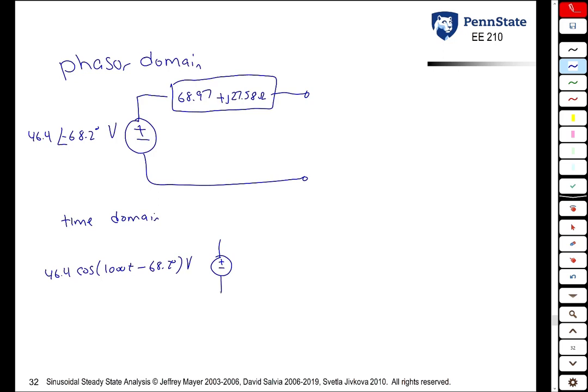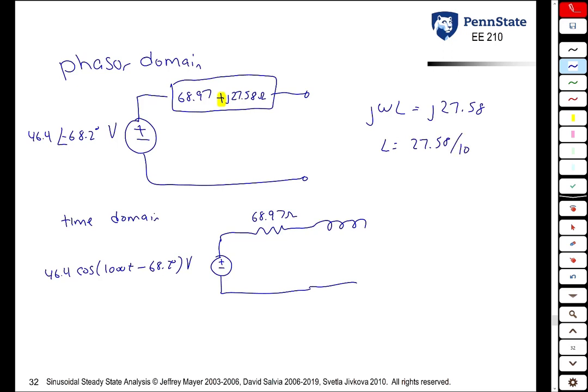How about the impedance? Because we have a plus here, this means the equivalent impedance should be a resistance and an inductance. So the resistor value would just be 68.97 ohms. The inductor value, remembering that jωL has to equal j27.58, we get L is 27.58 divided by omega, which is 1000, or 27.58 millihenry.